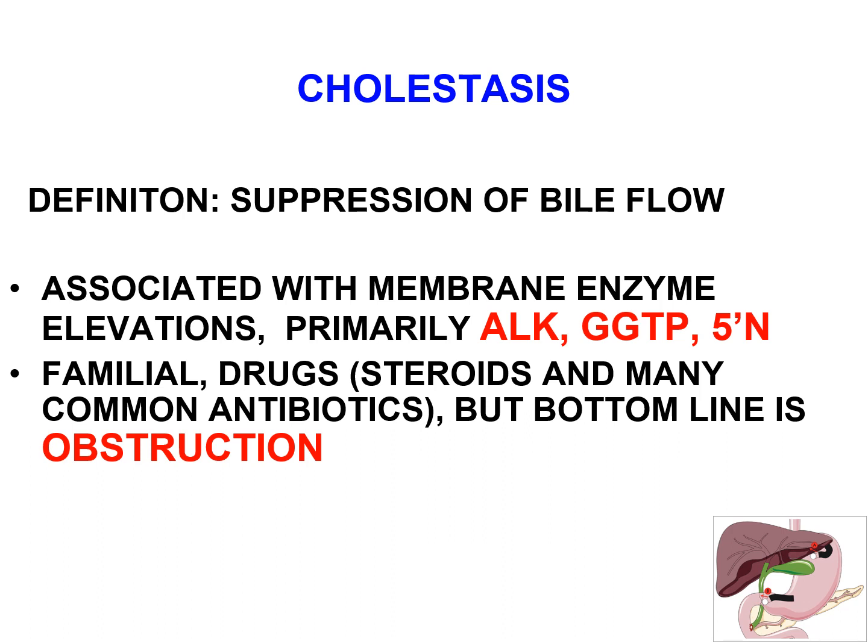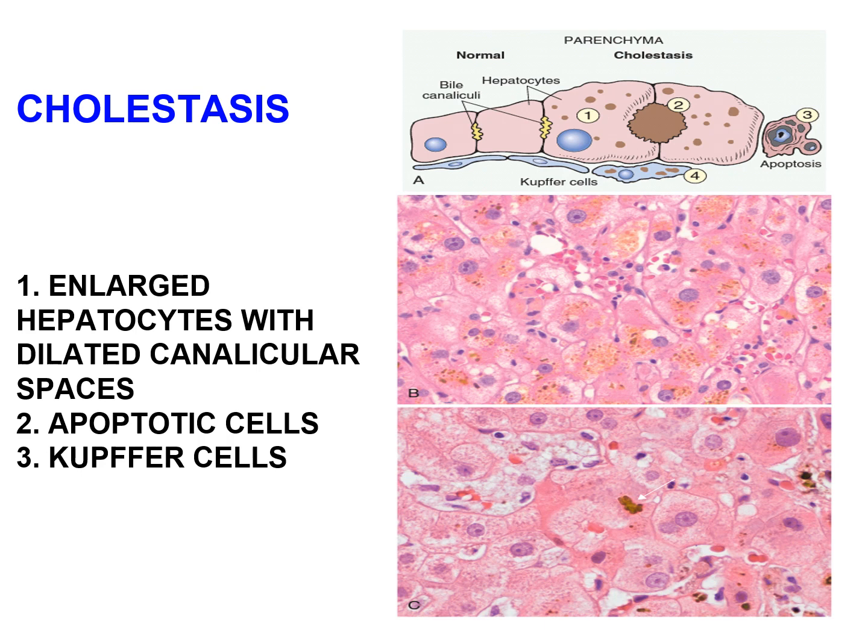Elevated serum alkaline phosphatase and gamma-glutamyl transpeptidase, or the GGT, enzymes present on the apical or the canalicular membranes of hepatocytes and bile duct epithelial cells, are characteristic laboratory findings of cholestatic disease. Cholestatic hepatocytes are enlarged with dilated canalicular spaces.